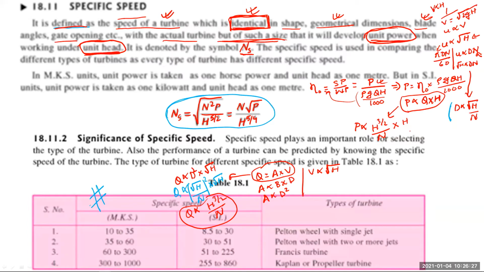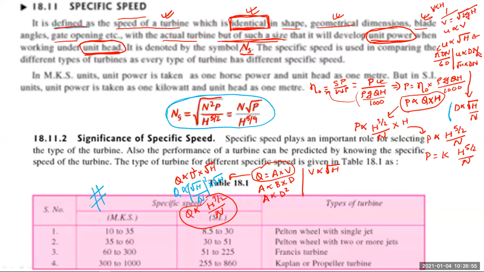So P is directly proportional to 3 by 2 plus 1, it will become H raised to the power 5 by 2 by N square. Now, to remove this sign of proportionality, we need to multiply some constant. So let that constant be K, H raised to the power 5 by 2 divided by N square.